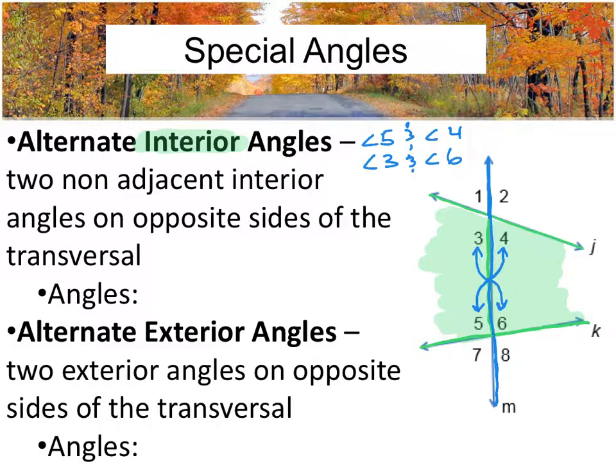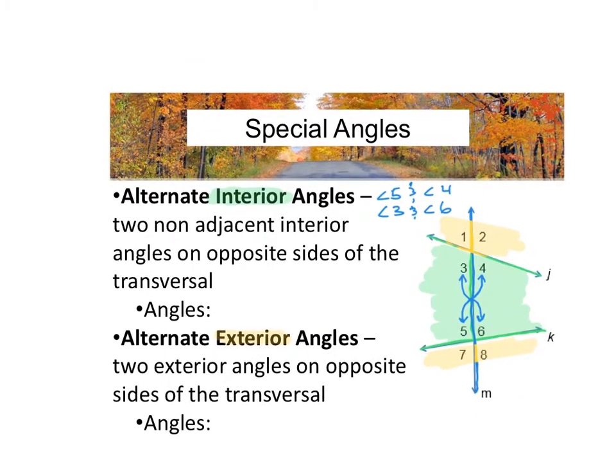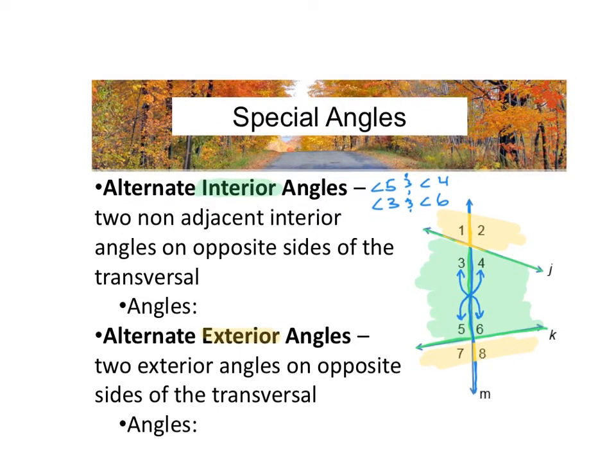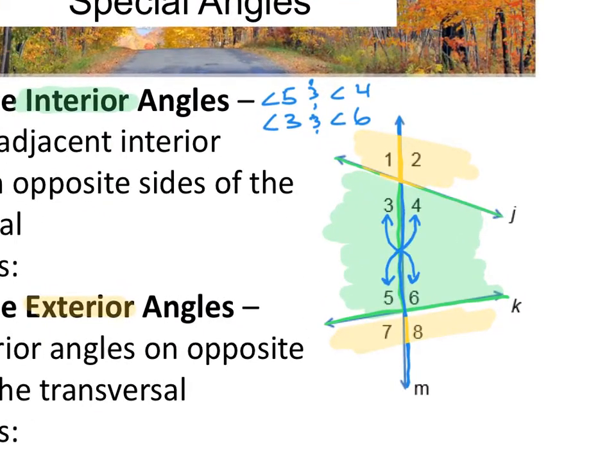Now we're going to apply that same thing, and we're going to do the alternate exterior angles. Well, exterior just means they're on the outside, so it's got to be these angles and these angles, and by definition it says two exterior angles that are on opposite sides of the transversal. But actually not just like this.